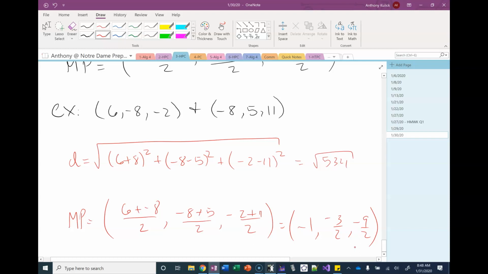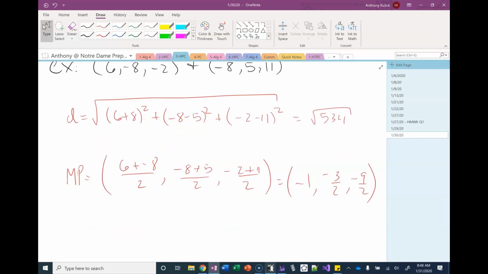And there's our midpoint. Cool. That's it.